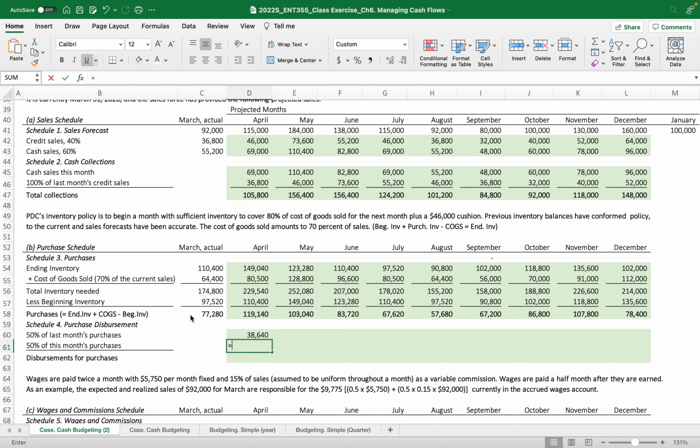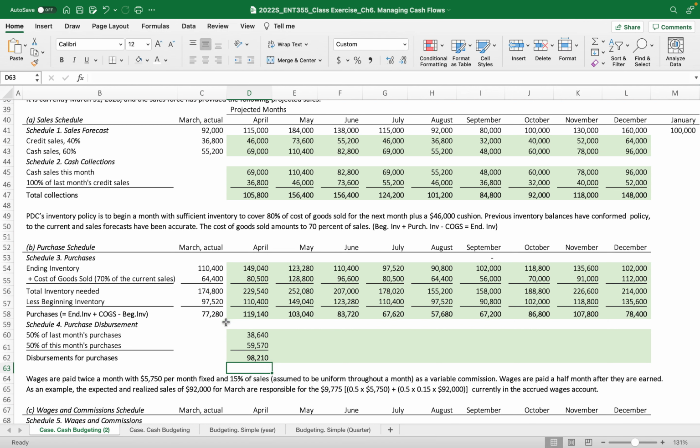And then 50% of this month's purchase. Then the actual disbursement for the purchased inventory is this sum.